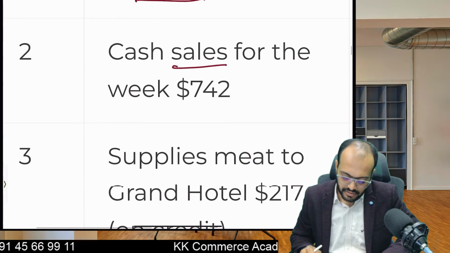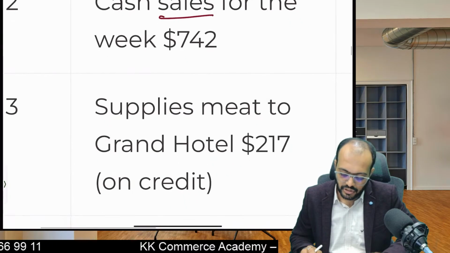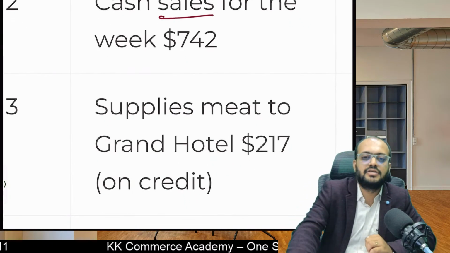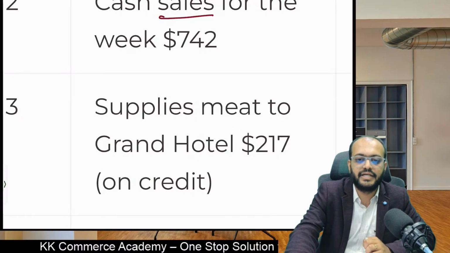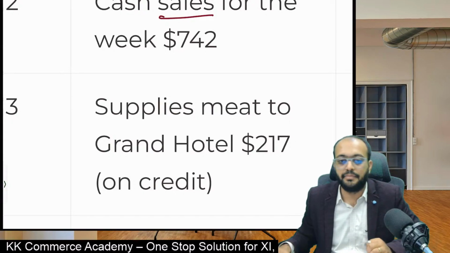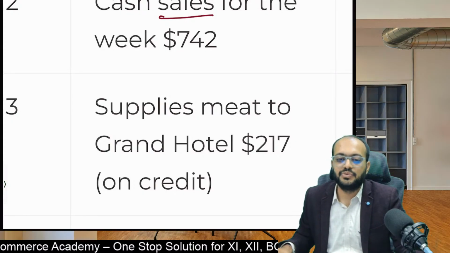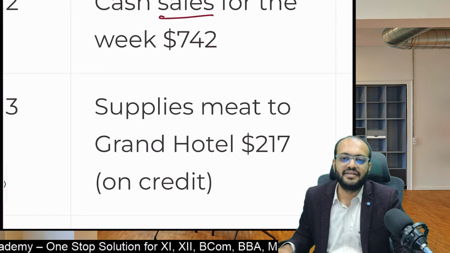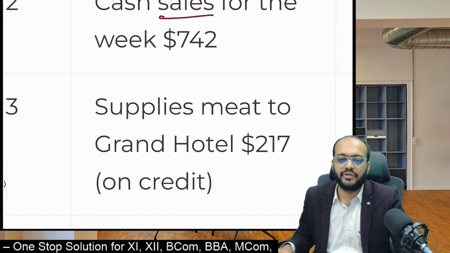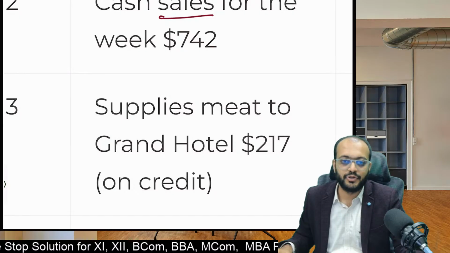Next transaction is supplies meat to Grand Hotel, $217 on credit. Students, now again we are supplying meat, right? But meat is our goods. I told you, right? Meat is our goods. We are dealing in that meat only. So we are not expected to use a meat account.